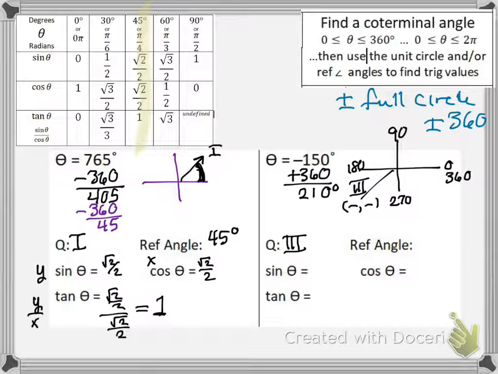So I'm going to say, what is 210 minus 180 tells me 30 degrees. My reference angle, 30 degrees. But because I know I'm in quadrant 3, negative, negative, or think this way, all students take calculus. In this section, only the tangent ends up positive.